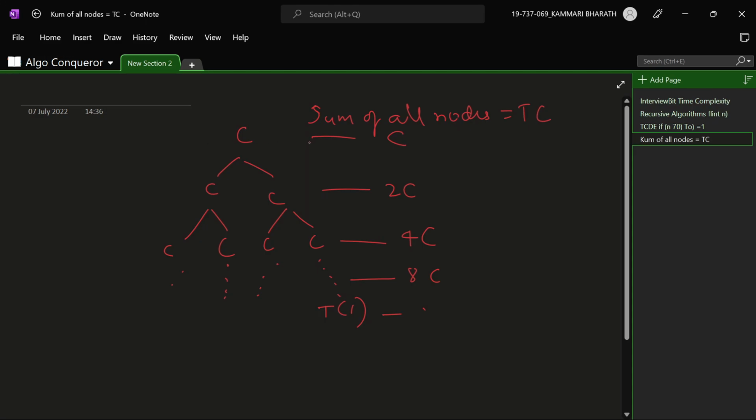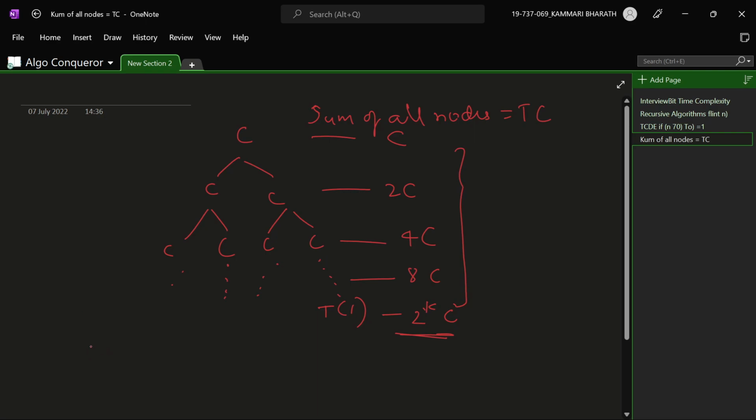Level 0 has 2 power 0 C. Level 1 has 2 power 1 C. Level 2 has 2 power 2 C. Level 3 has 2 power 3 C. Level K has 2 power k C. Understood? This is the sum of nodes of the kth level. Okay. Now you have to add all this up.